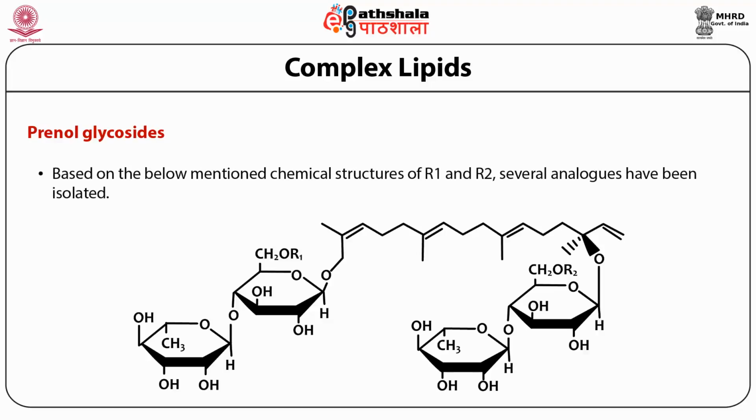The chemical structure shown here has both R1 and R2 groups, and based on these R1 and R2 groups, several analogues of the prenol glycosides have been isolated.